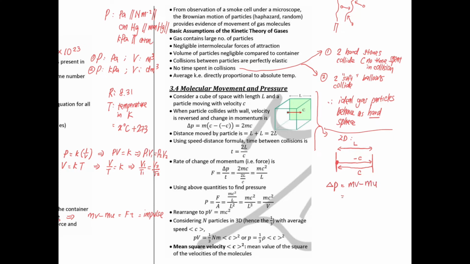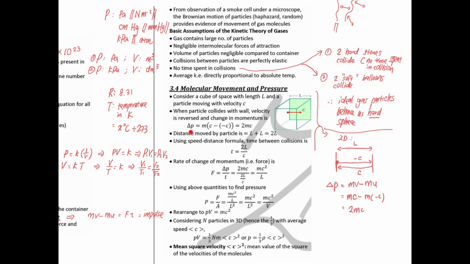So m, your v is c, your u is minus c. Because of that, I can match with the notes and I get 2mc. So as you can see, the notes here, 2mc. This is change in momentum.